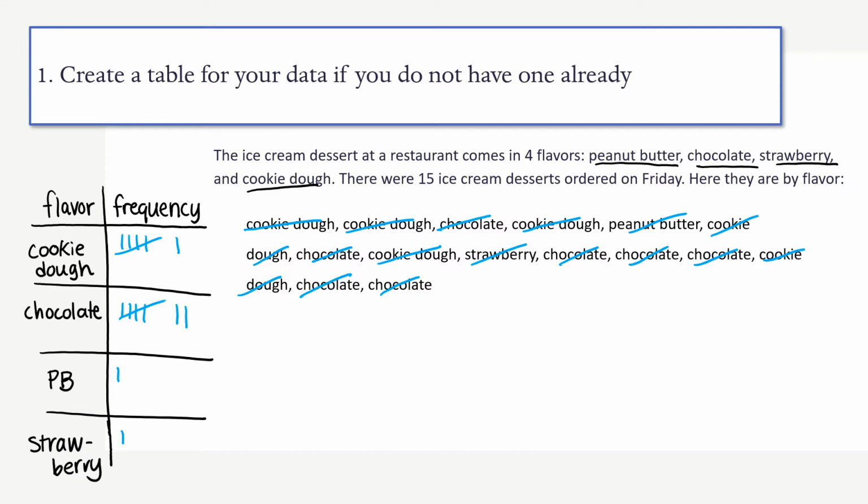So that means that we have a total of 6 cookie dough ordered, 7 chocolate ordered, 1 peanut butter ordered, and 1 strawberry ordered. We don't need these tally marks anymore.